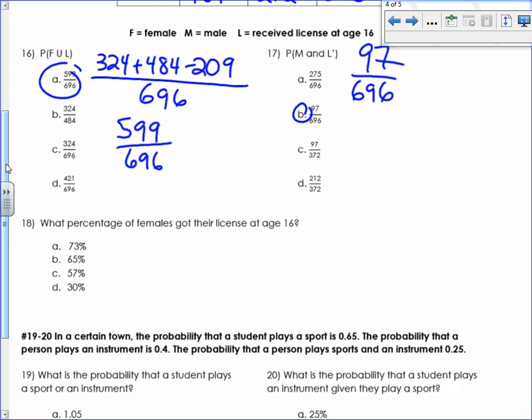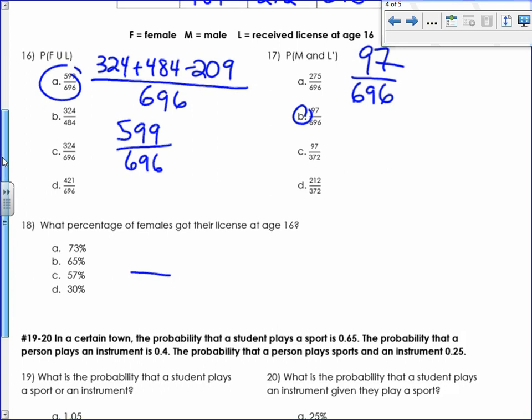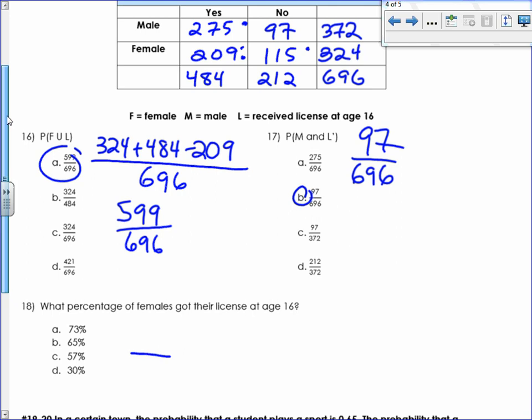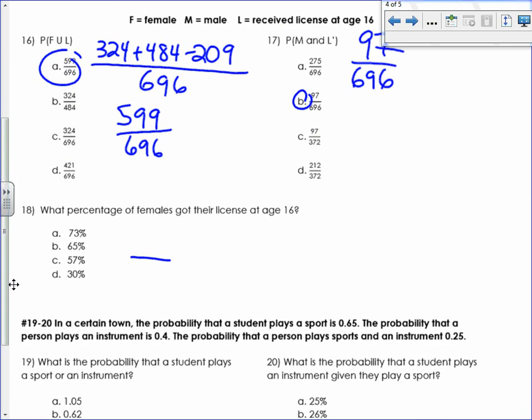So anyway, it says what percentage of females, so what's my denominator going to be? It's going to be 324. And then got their license at 16. So 209 over 324. When you divide that out for number 18, you get 65%.